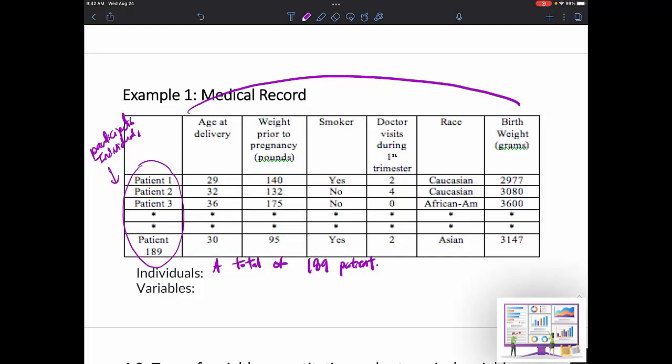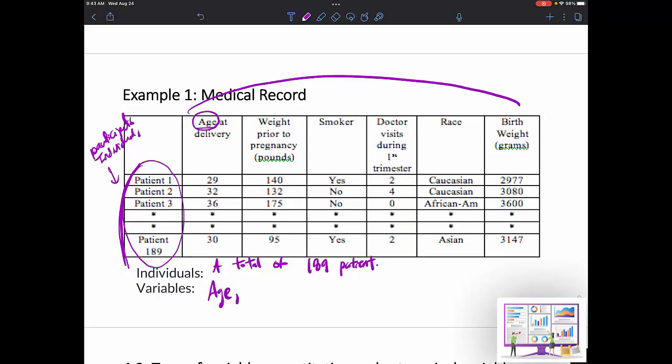Let's take a look at the items, in other words. What kind of information did I collect, right? You can collect so many different types of data. So first one, what is it? I collected their age at delivery. It looks like my participants are pregnant women, correct? So age is one of my variables.